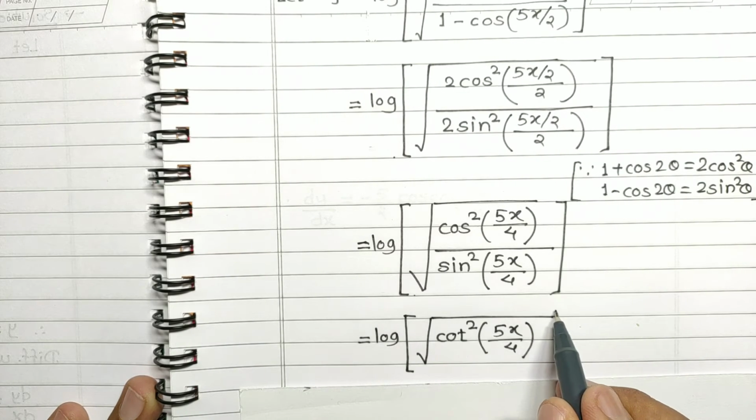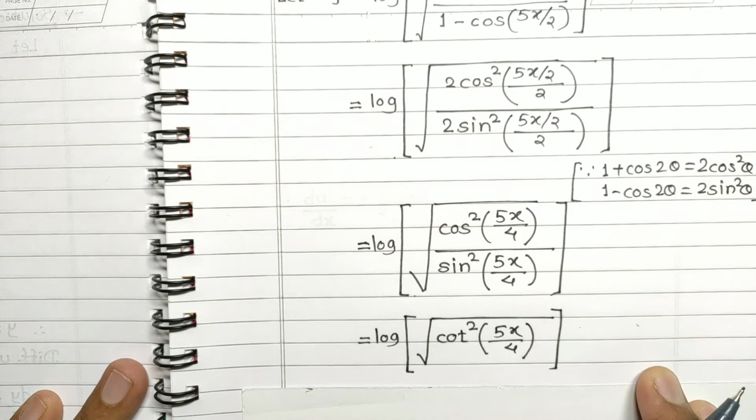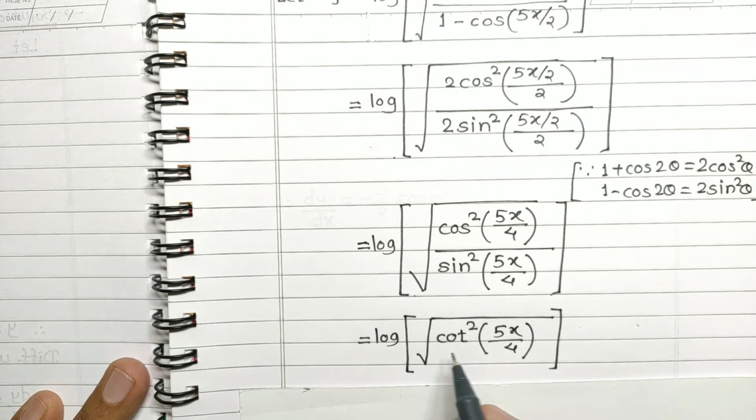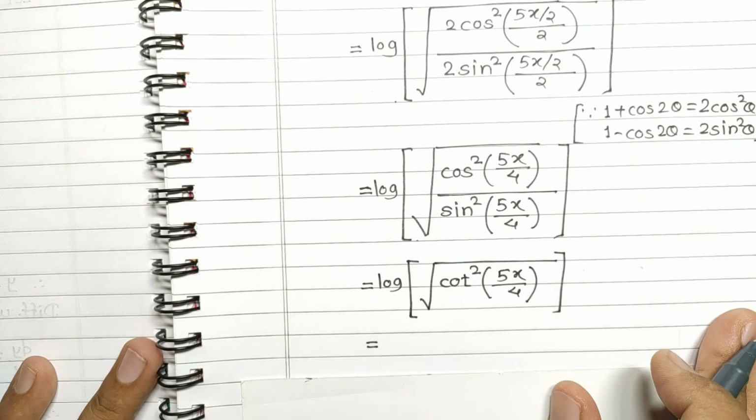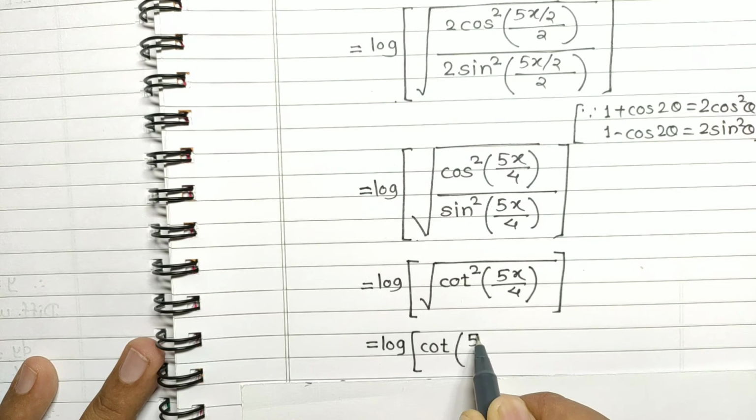Using trigonometry, we are simplifying the given function, and now we can eliminate this square root since it contains a square term, and therefore we have log of cot of 5x by 4.